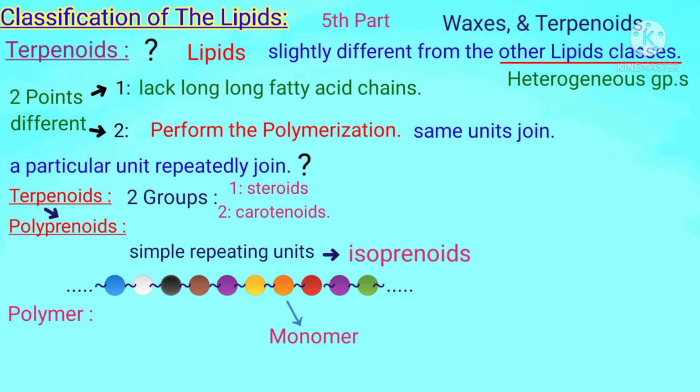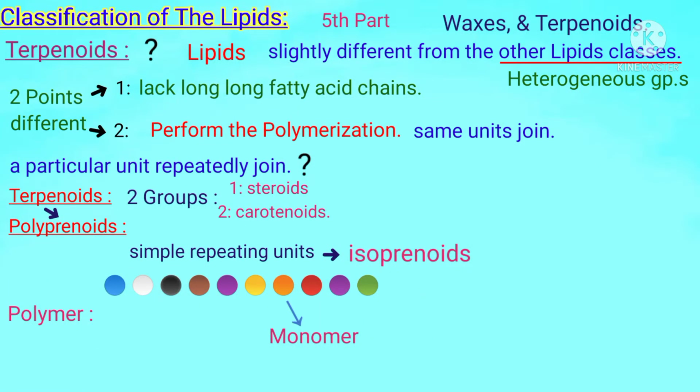Monomers combine, and what will these form? These will form a large unit, a big unit, that is called a polymer. A monomer is one unit, but a polymer is many units combined. So students, a polymer is something made by the combination of smaller and simple units.